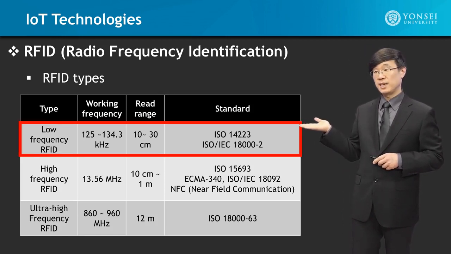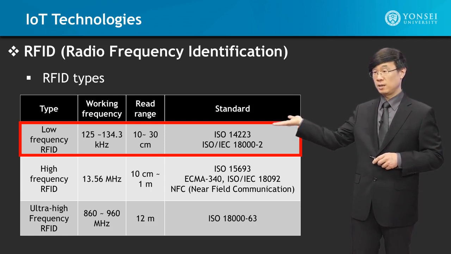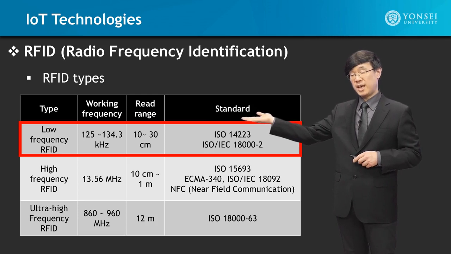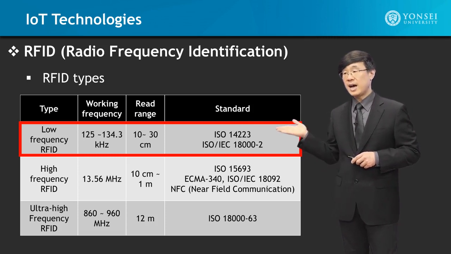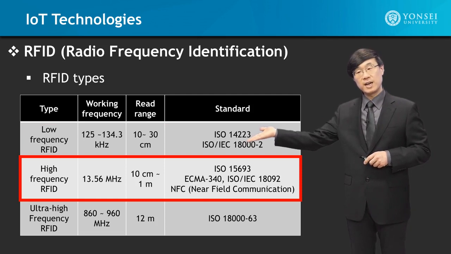Low frequency RFID is in the range of 125 to 134.3 kHz. The range of detection and charging and information exchange can be from about 10 to 30 centimeters, and the ISO standards are listed here. High frequency RFID.